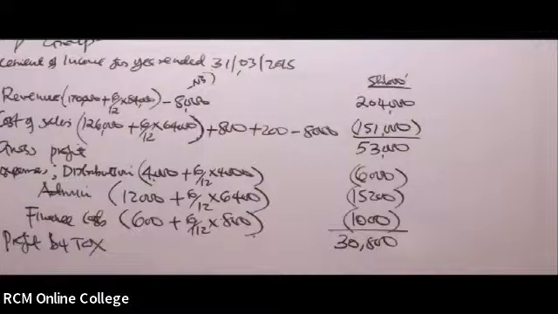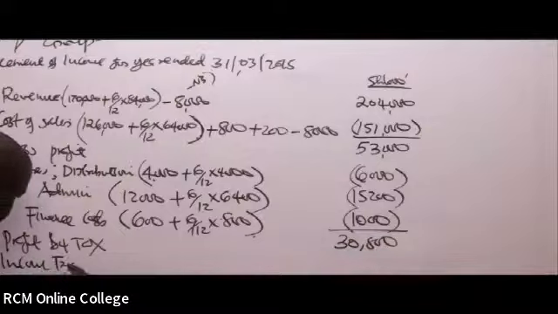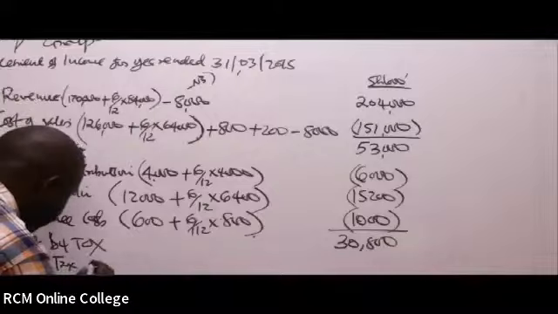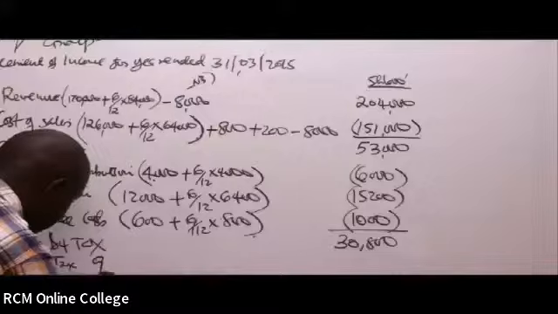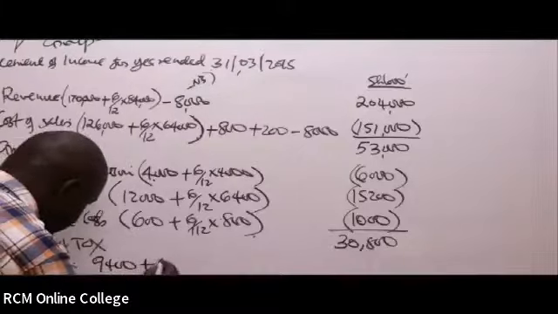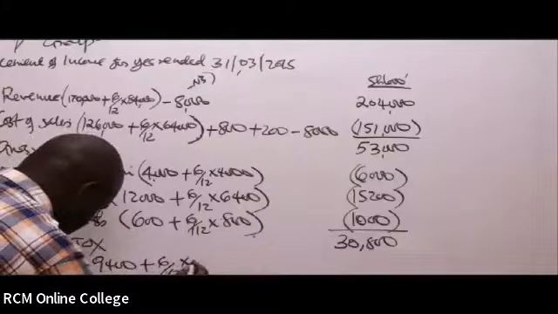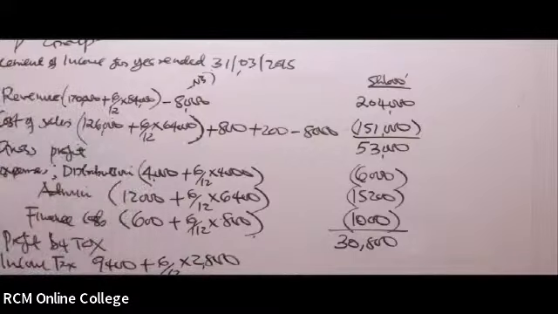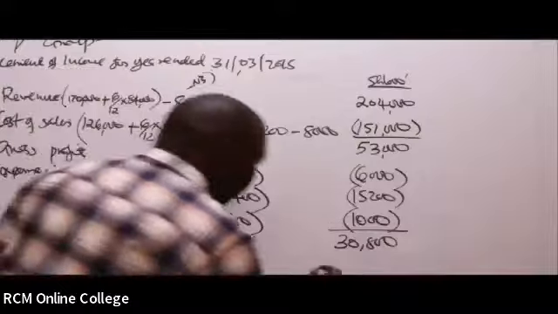Then you can consider the income tax expense. You have 9,400,000 for the holding company, then 2,800,000 for the subsidiary: 9,400,000 plus 6 out of 12 multiplied by 2,800,000. I think the tax expense will be 10,800,000.